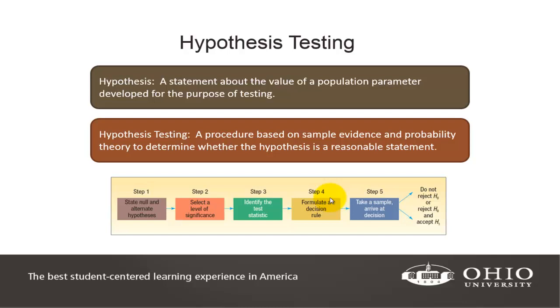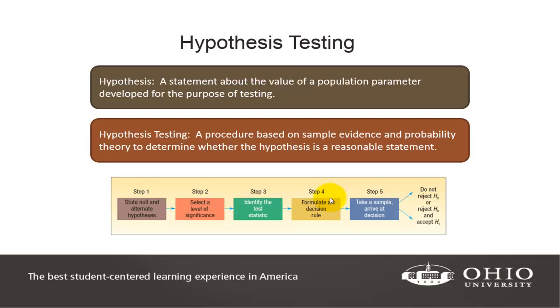I hope you understand that there is always a risk. If you go into a population and take a sample, there's always a risk that that sample is not representative of the population and that you could actually, based on that sample, arrive at an incorrect conclusion. The level of significance, also called alpha, is the risk that we are willing to take for that to happen, and I'm going to talk more about that in just a minute.